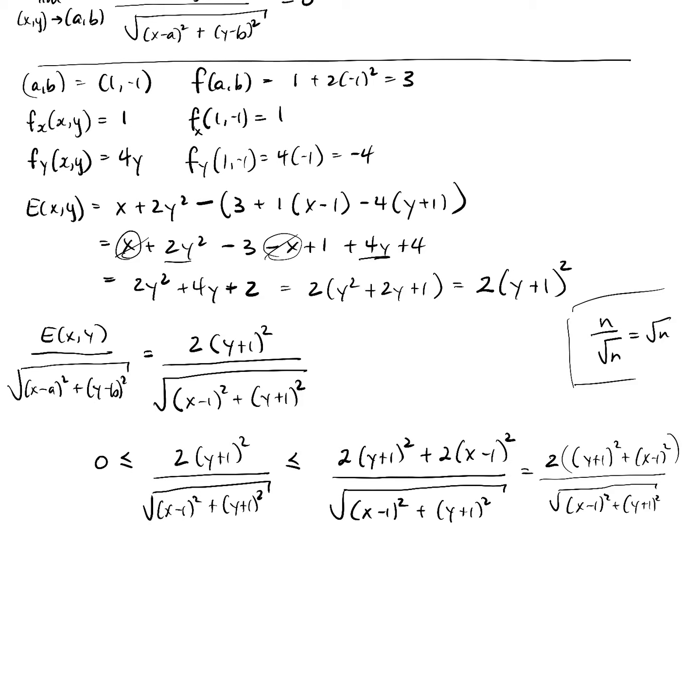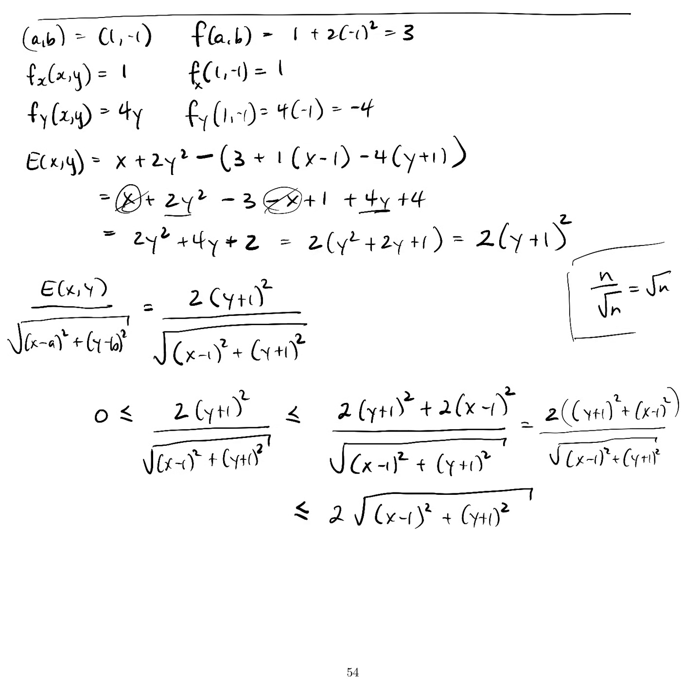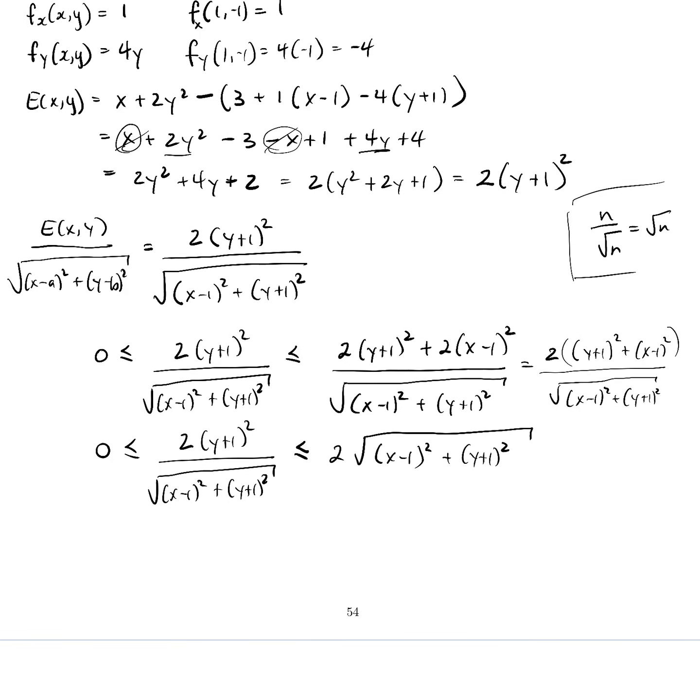So that on the right-hand side simplifies to 2 times the root of (x minus 1) squared plus (y plus 1) squared. So we have this inequality. 0 is less than or equal to our error function over the distance, which is less than or equal to this root function.